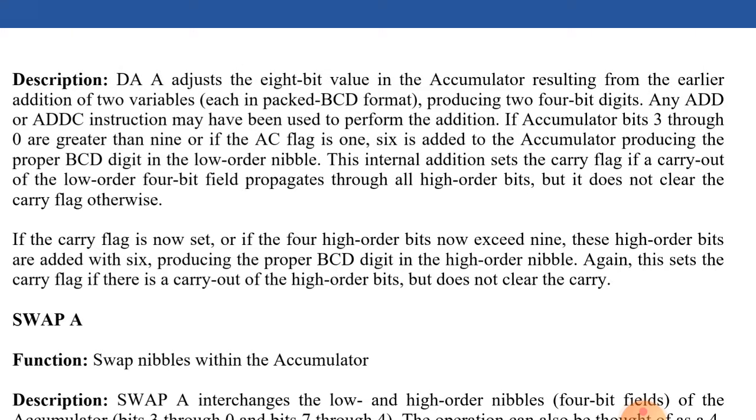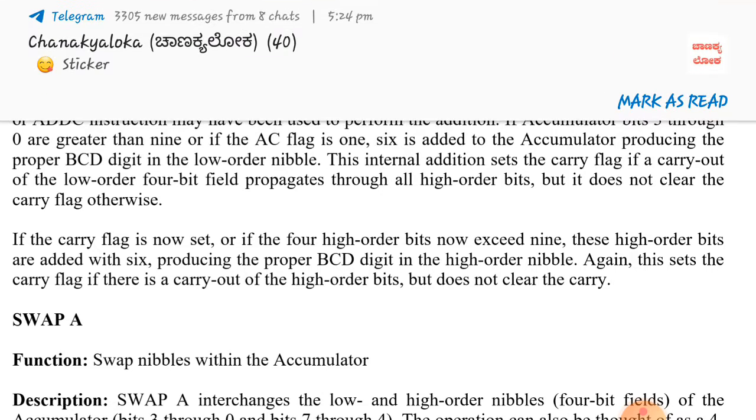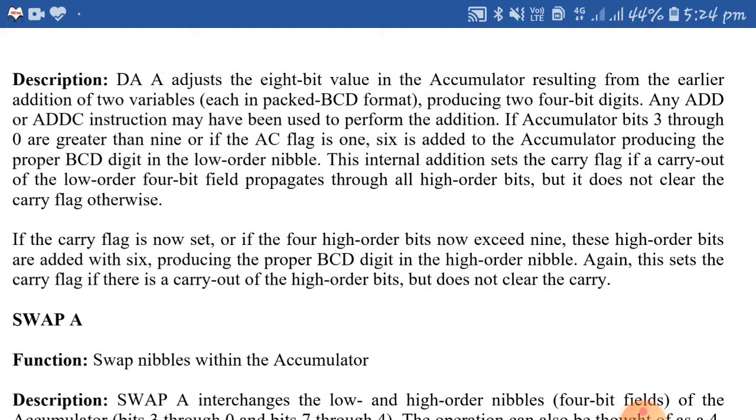Any ADD or ADDC instruction may have been used to perform the addition. If accumulator bits 3 through 0 are greater than 9, lower order, or the auxiliary carry flag is 1, auxiliary carry meaning the carry from bit D3 to D4 is 1, then 6 is added to the accumulator to get the proper BCD. This is known as the lower order nibble.